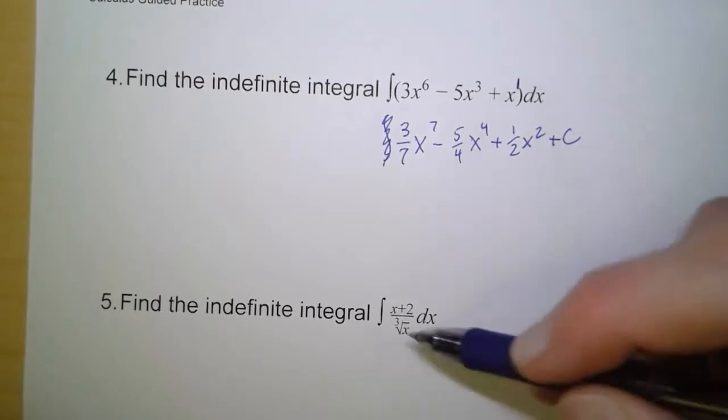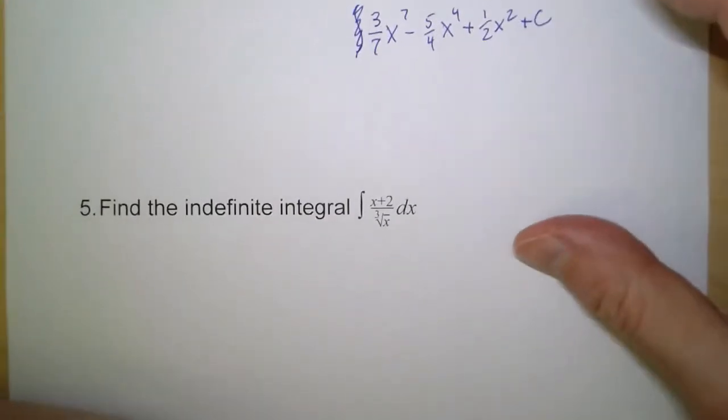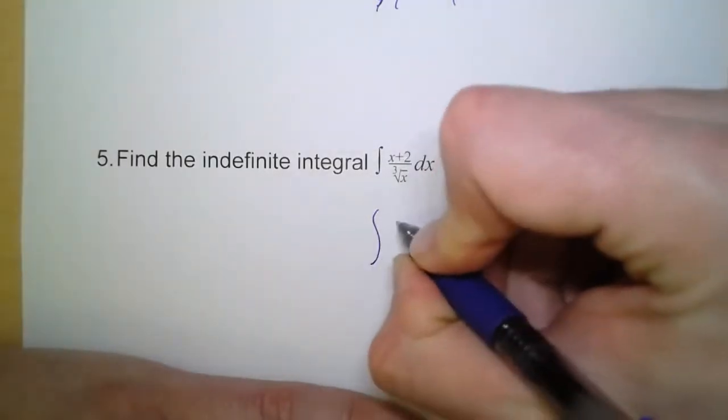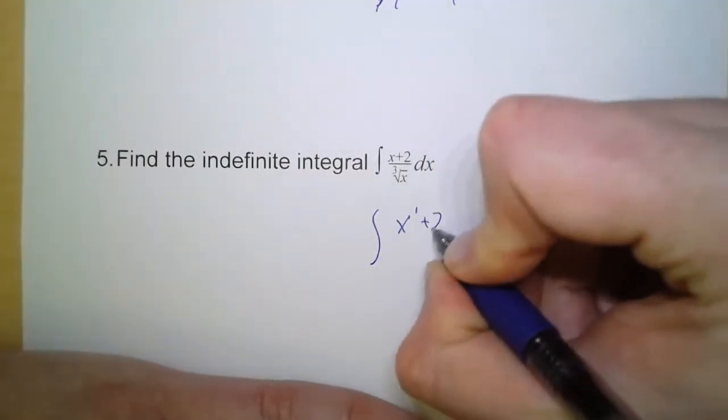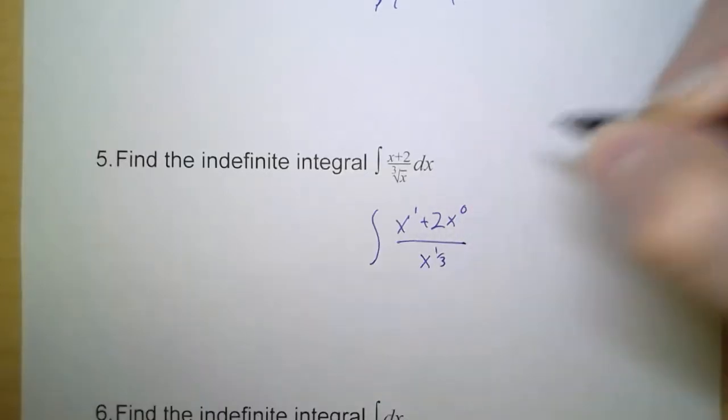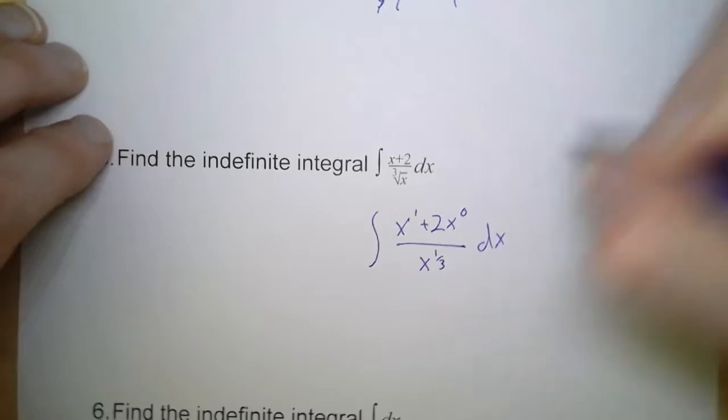So with number 5 we have to do a little simplifying. So let me rewrite this as x to the 1 plus 2x to the 0 over x to the 1/3 dx.